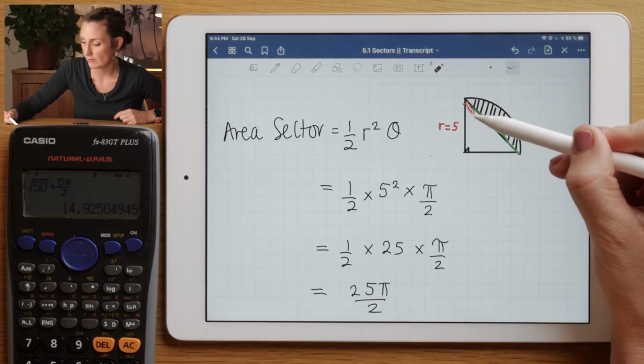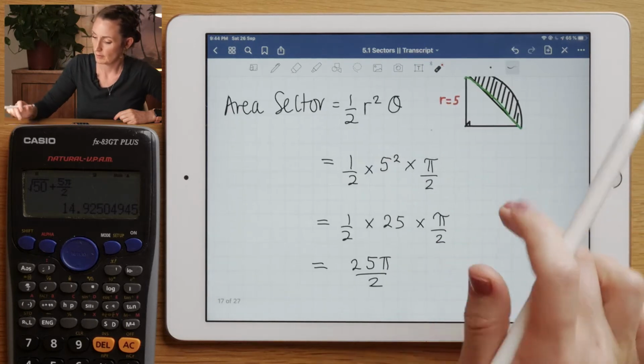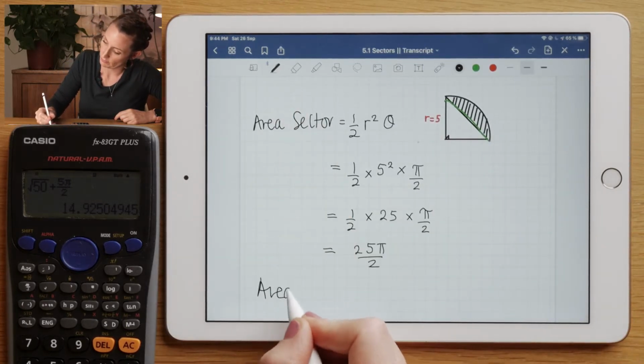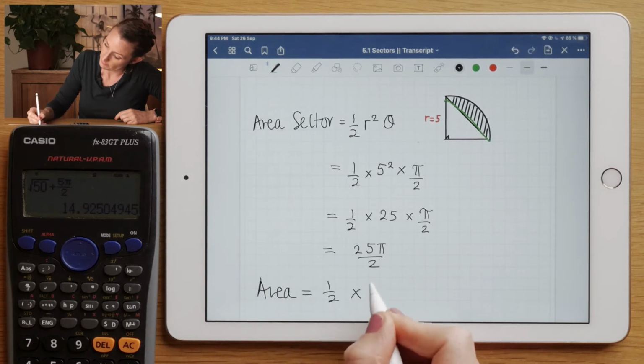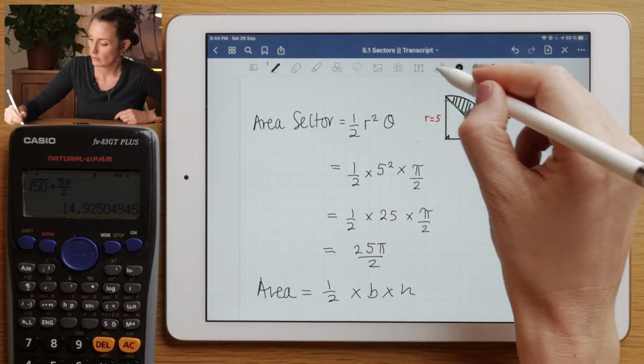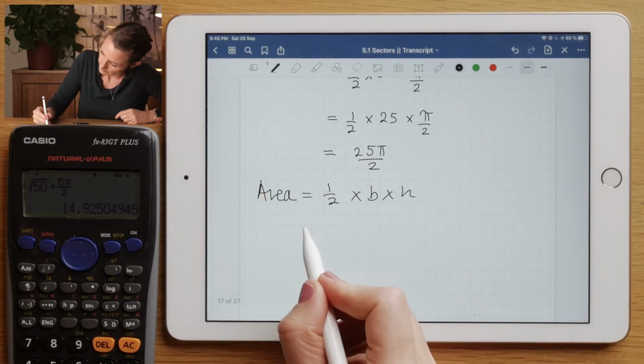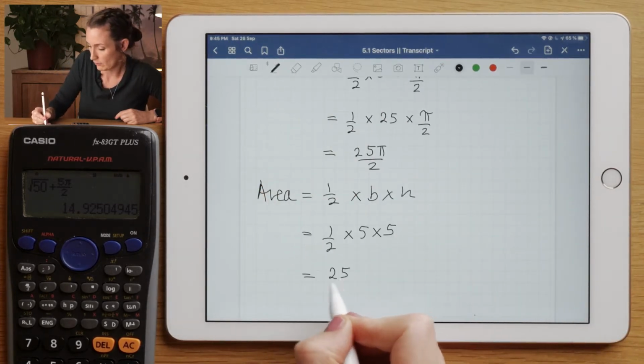And what we're going to subtract from that is the area of this triangle here. Now, because we've got a right angle here, we can use the formula for the area of a right angle triangle, which is a half times base times height. This would be the height, and then 5 would also be the base, which would be 25 over 2.